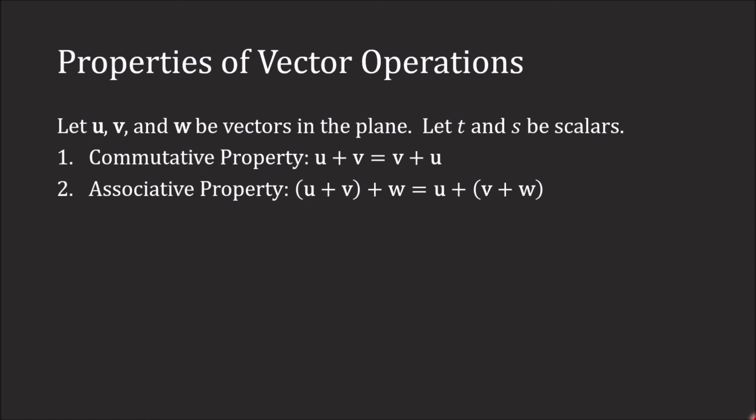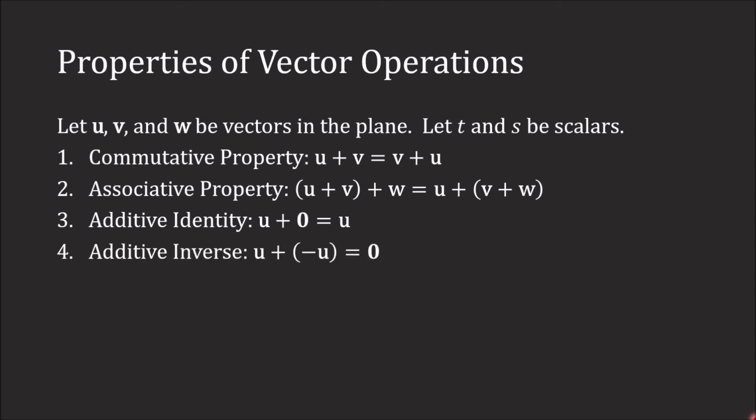So how you group vector addition does not matter. The additive identity, u plus the zero vector is u. So adding the zero vector to any vector doesn't change anything. The additive inverse, u plus negative u is equal to the zero vector.